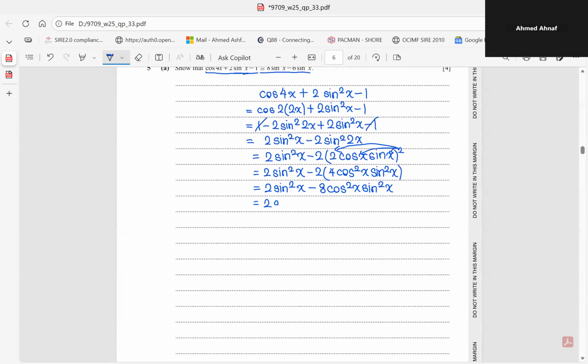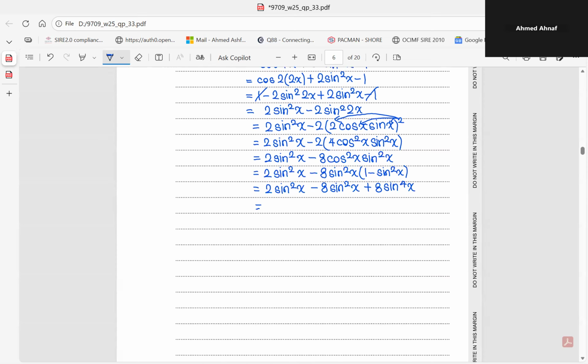Right, so 2 sine squared x minus 8 sine squared x times cos squared x, which is 1 minus sine squared x. So expanding everything, you would get minus 8 sine squared x plus 8 sine squared times sine squared, that is sine to the power of 4 x.